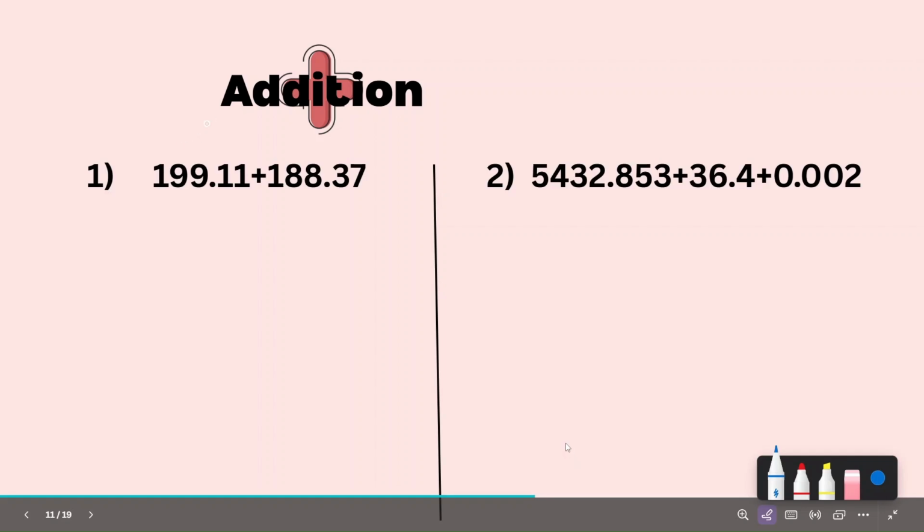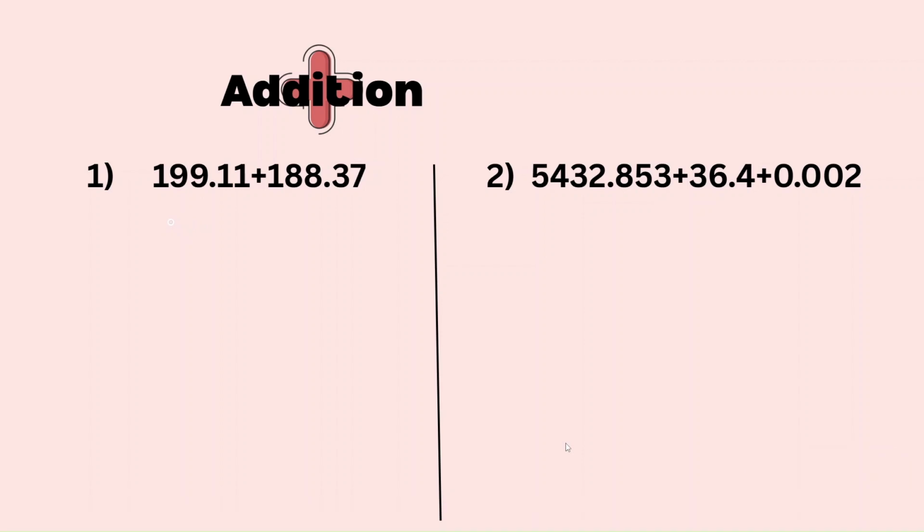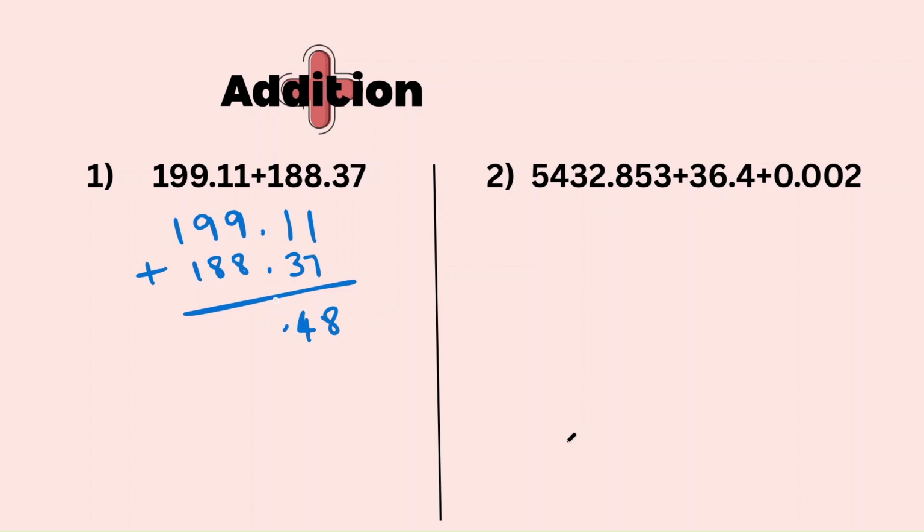Addition. Addition is the same as normal addition. All we need to do is place the digits in the same manner, so that the decimal points are aligned in a straight line. 9 plus 8, 17.